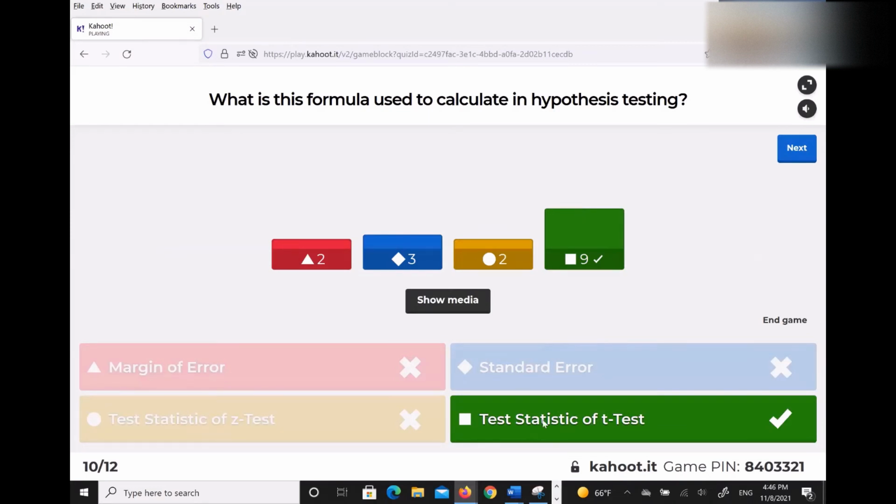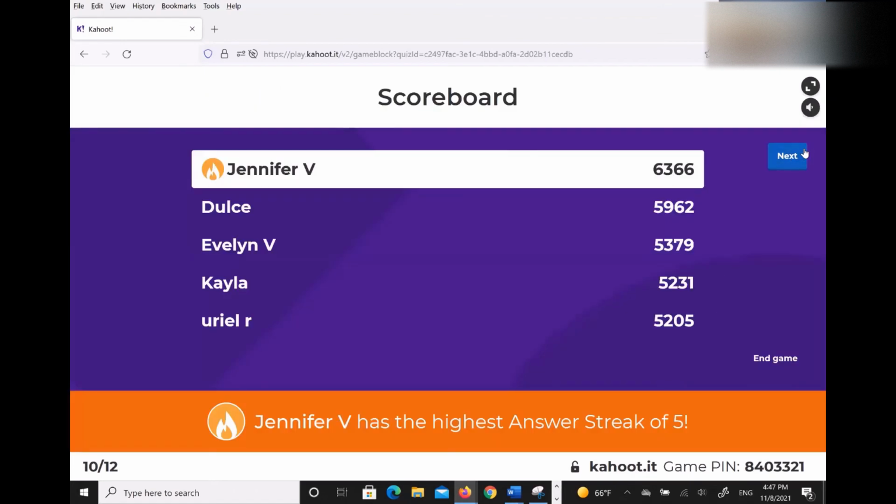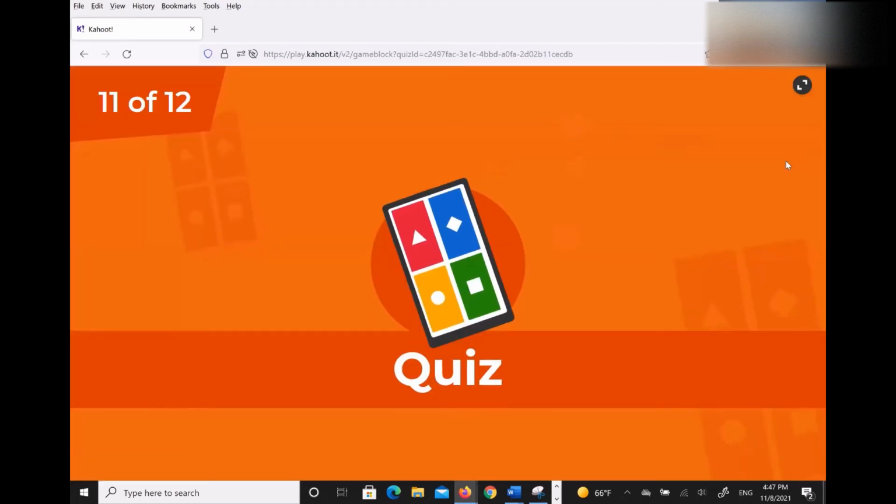All right, so it should be the test statistic, right? The t-test, you can see that it has the letter t, so it should be for the t-test, okay? All right, still the same people. We have Brittany, Dose, Uriel, Kayla. Jennifer is leading.